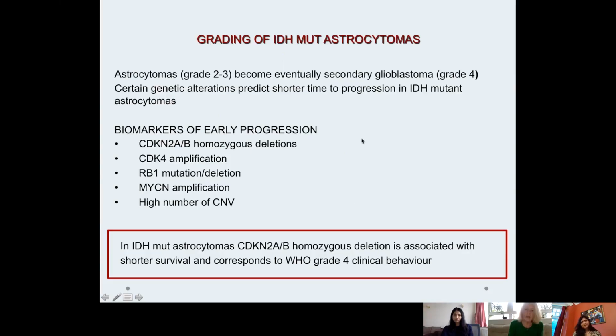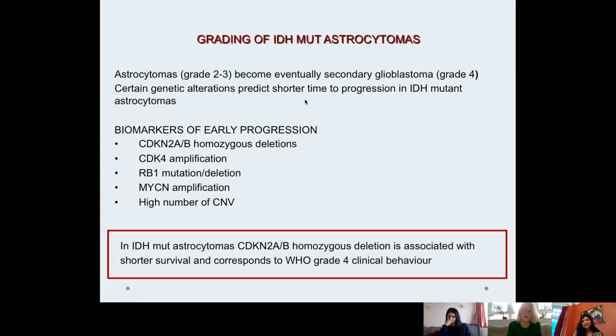And a more recent concept, as we said before, these gliomas, diffuse gliomas of adults, tend to progress to become more malignant over time. And sometimes this can take several years, while sometimes it can happen quite quickly.